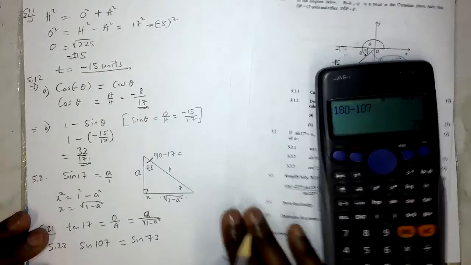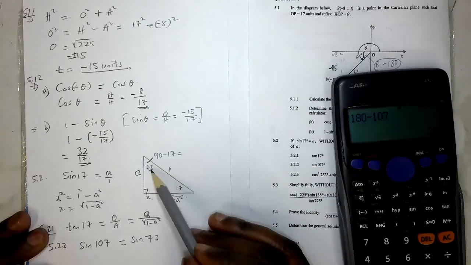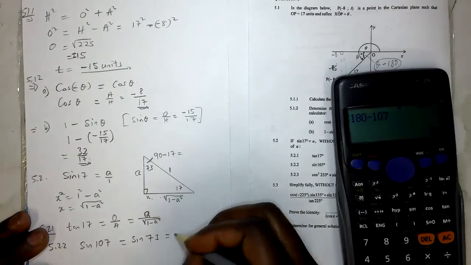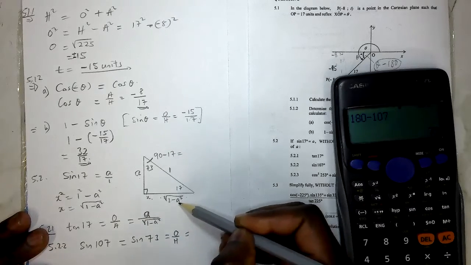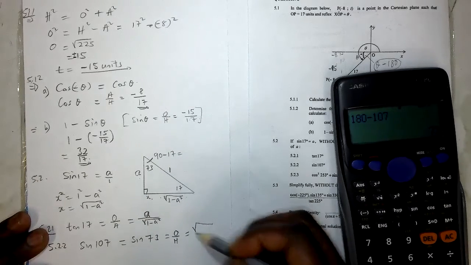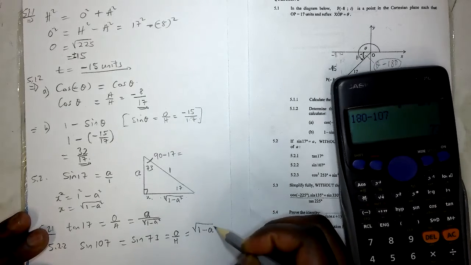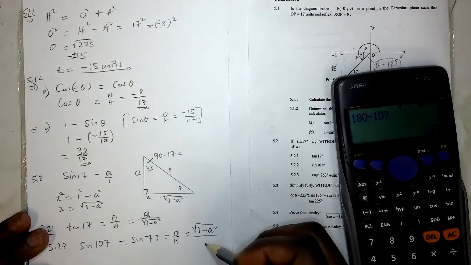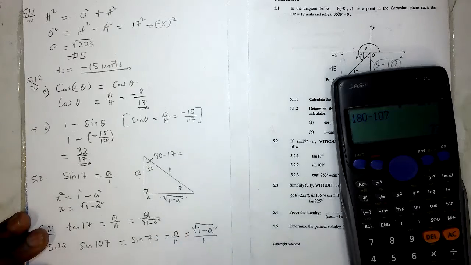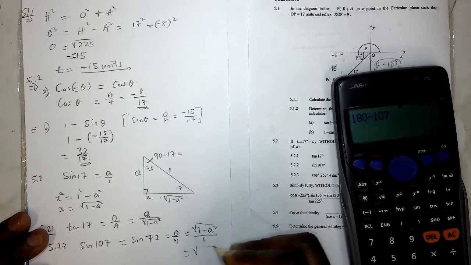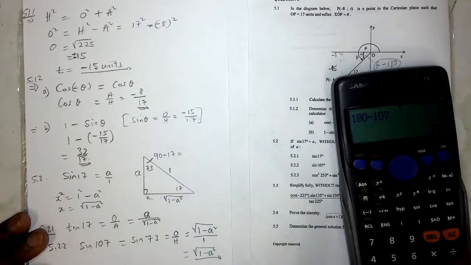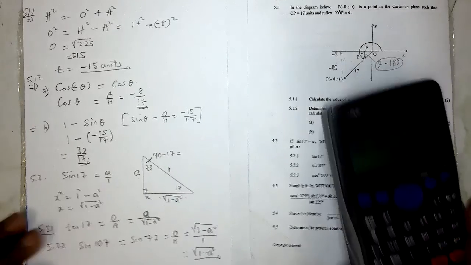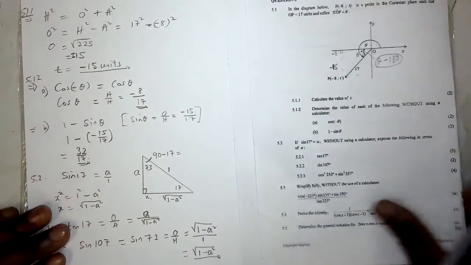And sine 73 is opposite over hypotenuse, which is root of 1 minus A squared over 1, so it is root of 1 minus A squared. That's sine 107, or sine 73. Okay, let's move on to another question.